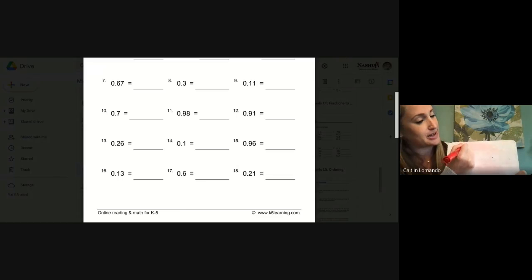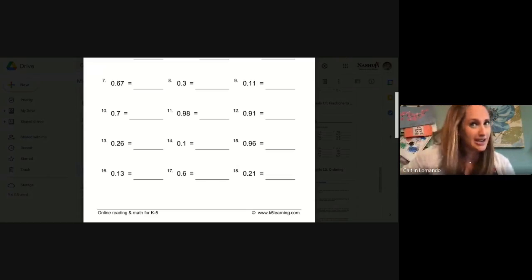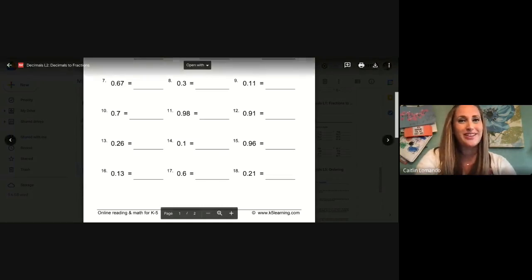For number 16, we should have 13 hundredths. For number 17, we should have 6 tenths. And for number 18, we should have 21 hundredths. Turning decimals into fractions is really easy if you know your place value and how to read them.